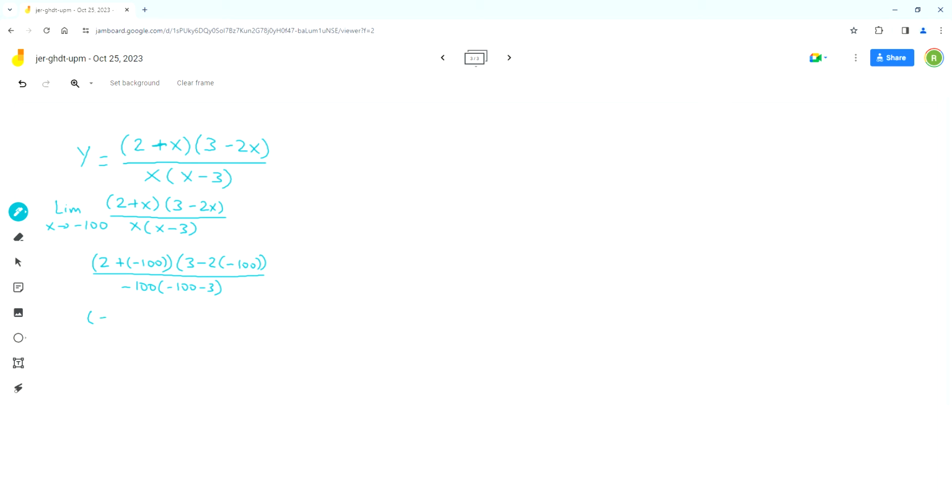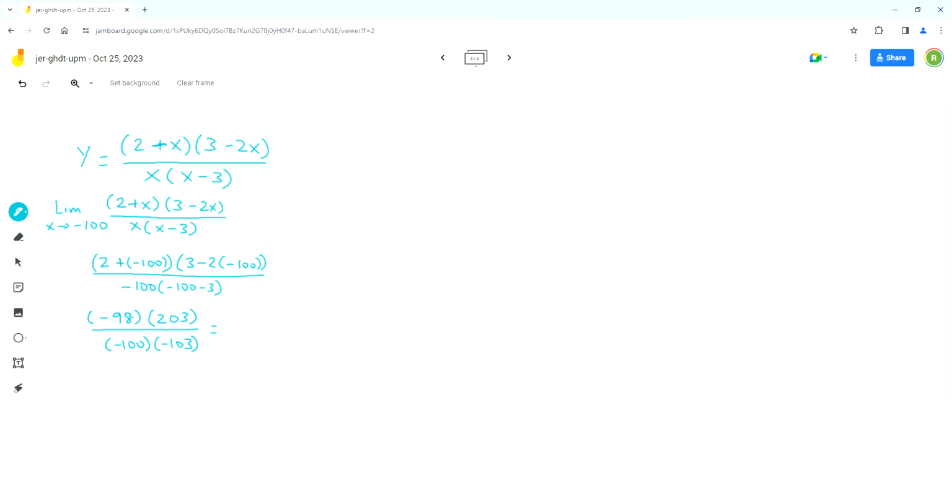So in the first parentheses we get negative 98, and in the second parentheses, negative 2 times negative 100 is positive 200, so 203, over negative 100 times negative 103. Now we can evaluate this expression. So negative 98 times 203 divided by negative 100 times negative 103.